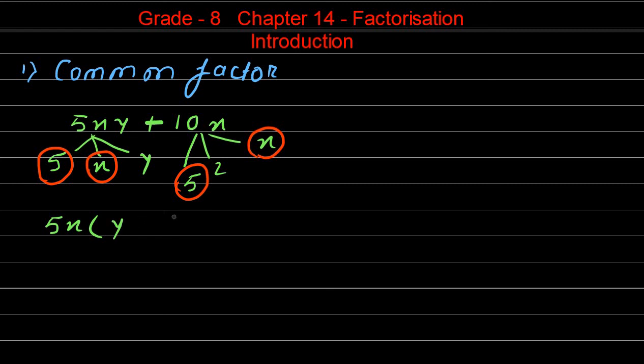Yes, y is remaining. In 10x, if we take common 5 and x, what is remaining? 2. In this way we have factorized our algebraic expression. Now we have 5x in bracket y plus 2. This is our factorization by the common factor method.